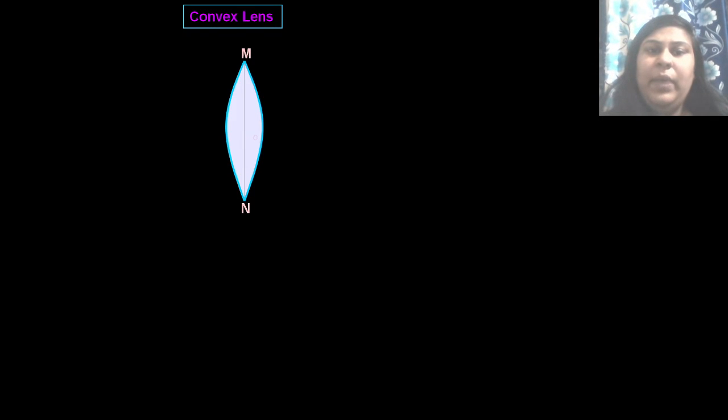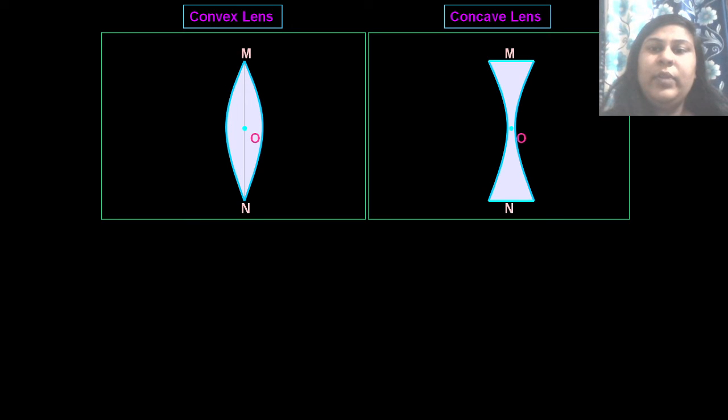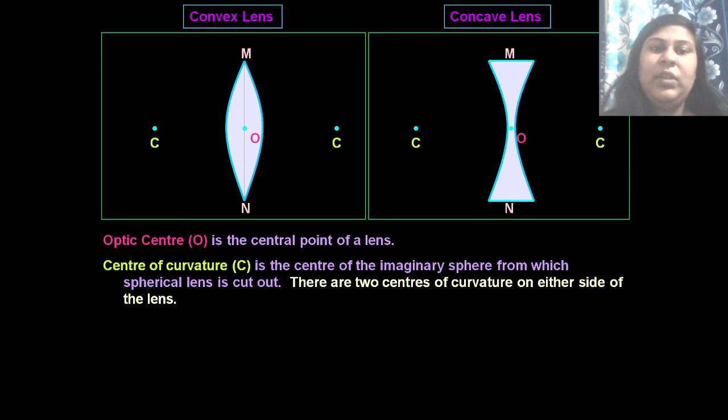In the convex lens, the point O is the midpoint. O is known as the optical center of a lens. Similarly, C is the center of curvature.